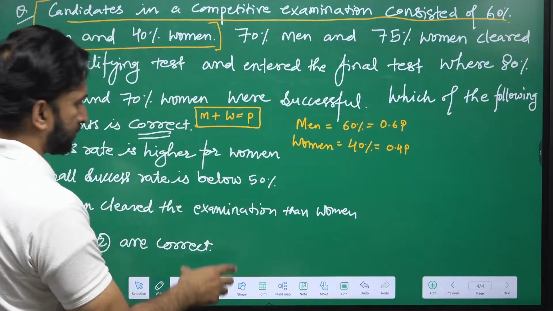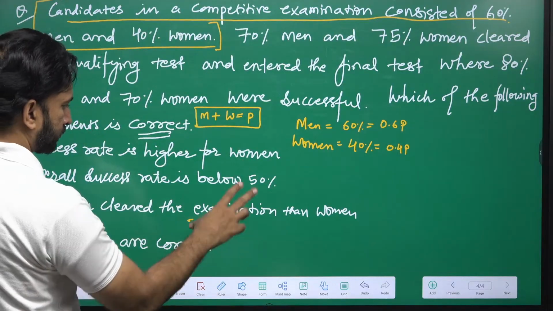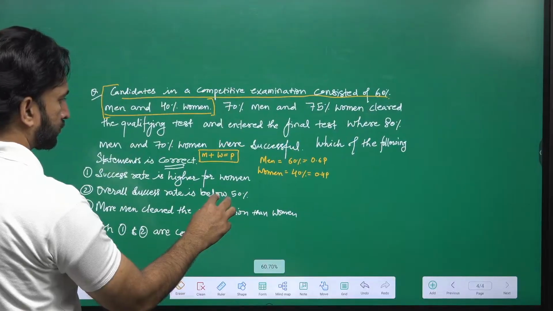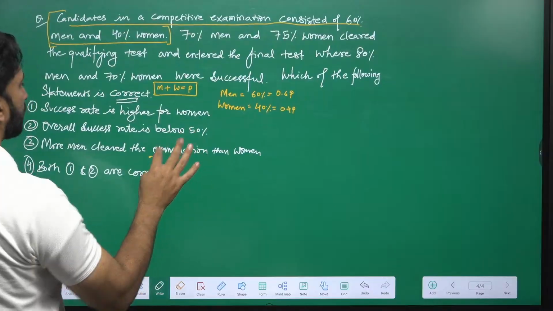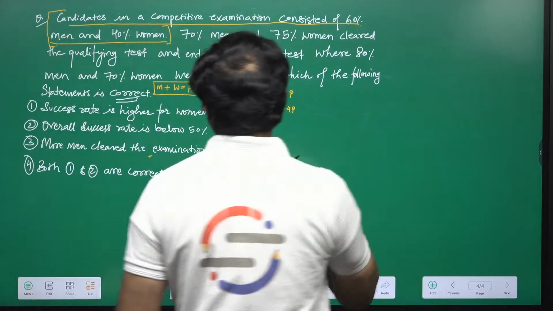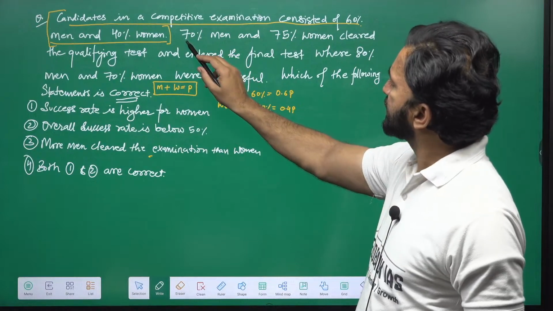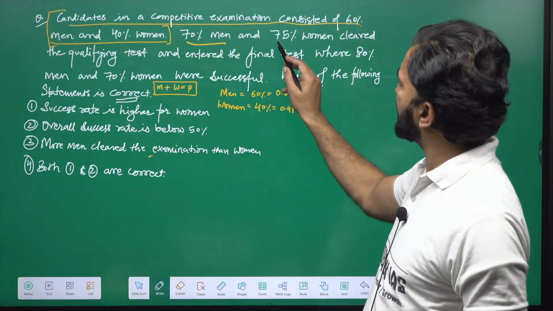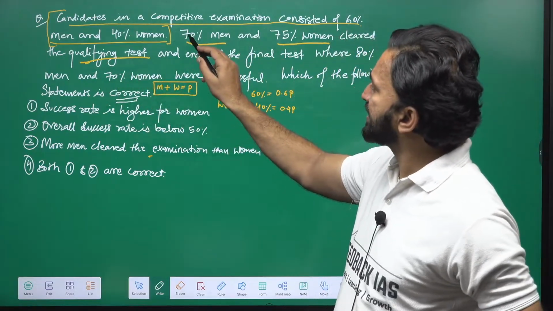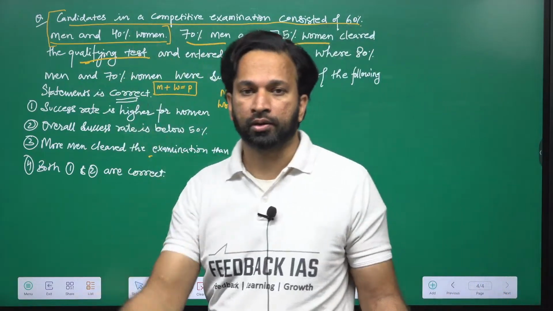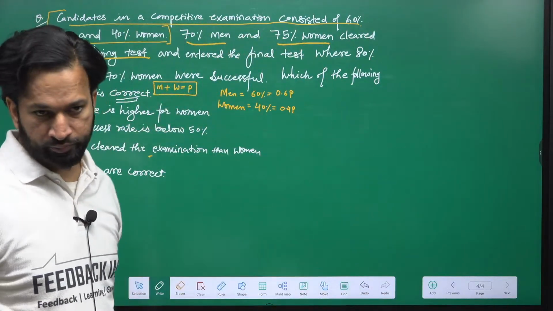Now let's minimize it, so that we have space, right? From here, it is the interpretive part. Now we see that 70% men and 75% women cleared the qualifying test. 70% of what? 75% of what?